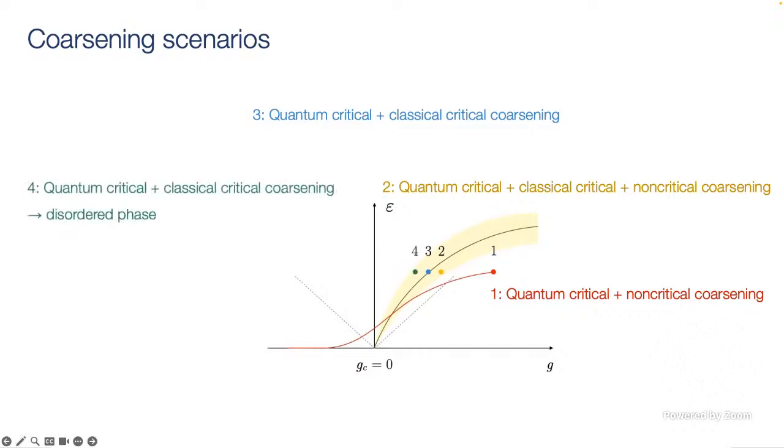There can be another situation where, as I'm going through the phase transition, I went so fast that I did something very violent. I injected a lot of energy into the system that drives me out of the ordered phase altogether. So after some initial coarsening, the system realizes that it has to equilibrate to a disordered phase and not the ordered phase. Eventually at late times, the system will just equilibrate to the disordered phase, and depending on where you stop, there can be some period of classical critical coarsening or not.